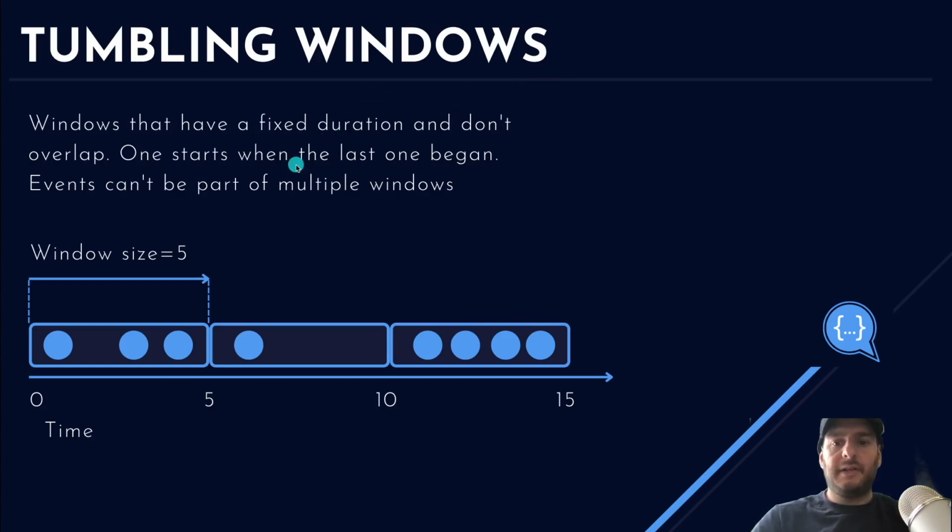So you basically define a duration for the window, and then every window starts when the other ends. In this case, we have a window of size 5, and all the events that fall into the first 5 seconds belong to that window. And then this second window has only 1 event, and this third window has 4 events.